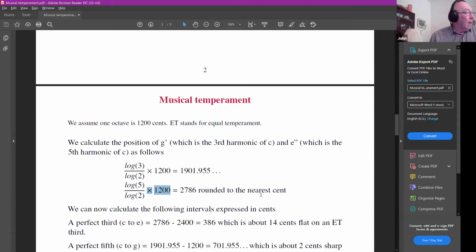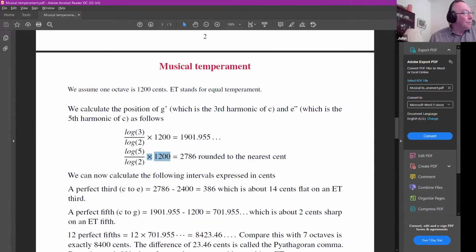Okay, now we can calculate what a perfect third is. That is 2 octaves and a third. So if we take away 2 octaves from the 2786, 386 is the perfect third.